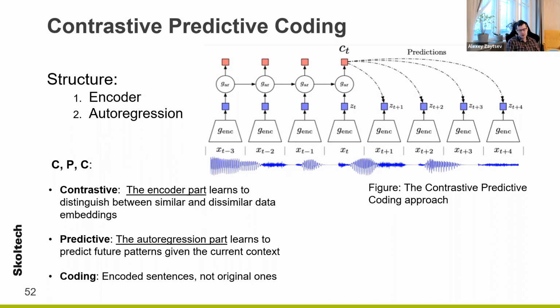But we also have an autoregressive part. We try to predict, from the current embedding obtained by applying an LSTM-like model to the encoders of the initial data, the embeddings at the following steps, like this here, here, here, and here.